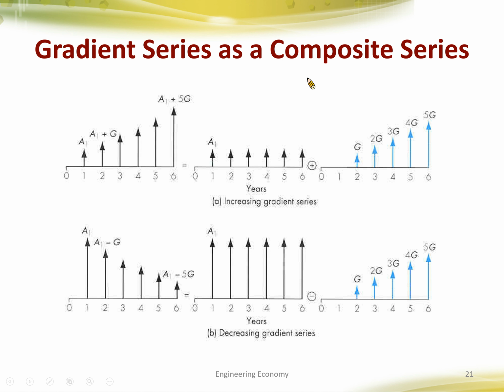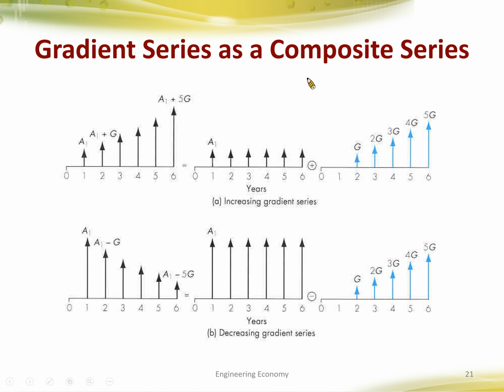We can take this A1, which is the largest cash flow, and subtract a series which is again identical to the series on the previous page. So with the big A1 series, we can easily compute its present value or future value.